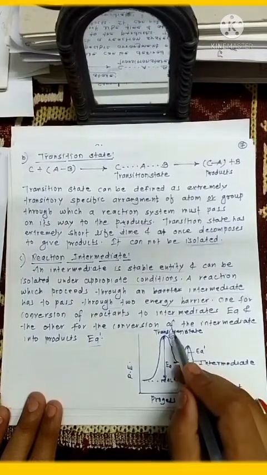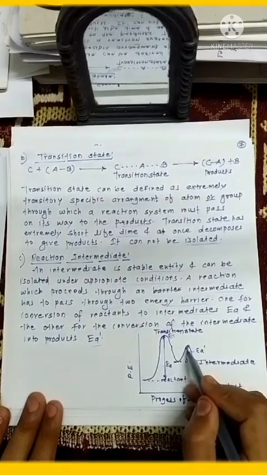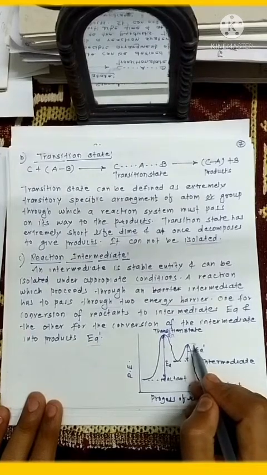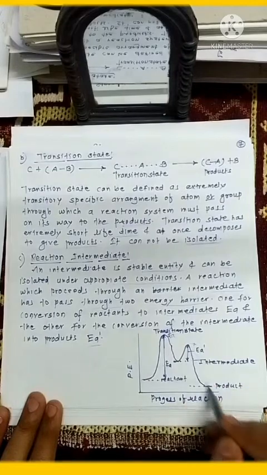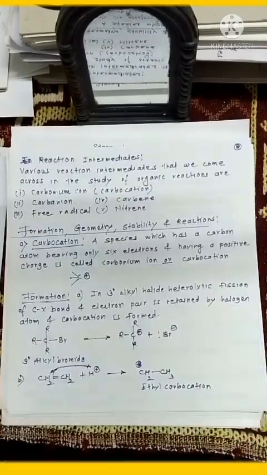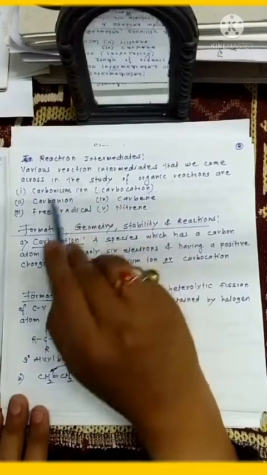So in this case, conversion of reactant into transition state takes place from here to here. After here, conversion of intermediate to product takes place. Now we are going to discuss different types of reaction intermediates.